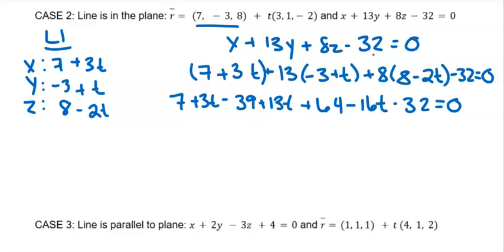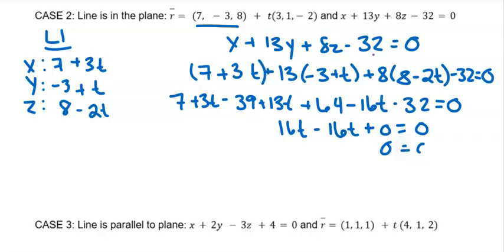And now I'm going to collect like terms. And when I do this, 3t and 13t is 16t minus 16t, and 7 and -39 and 64 and -32 is 0.